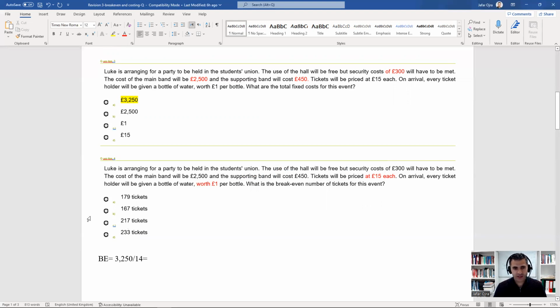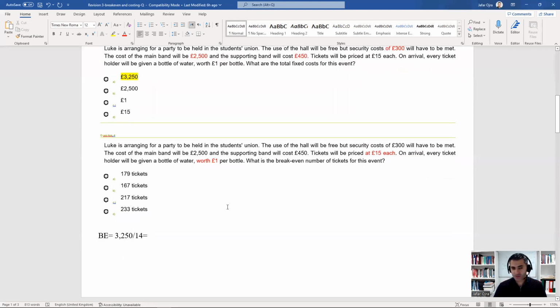So let's work it out: 3,250 divided by 14 makes 232, so the nearest is 233 tickets. So the answer is D. What does that mean really?